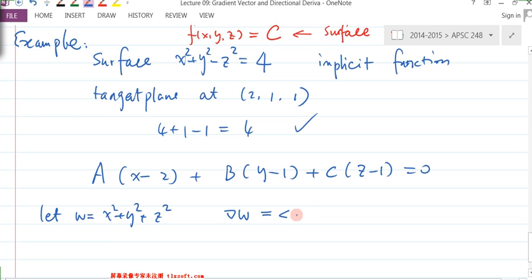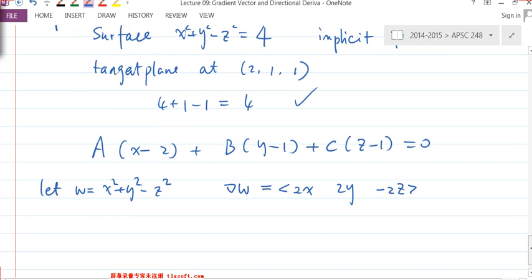Del w is equal to 2x, 2y, and this is not plus, this is minus, negative 2z. That's the general gradient vector. You don't need the general one, you need the gradient vector at this location, 2, 1, 1.